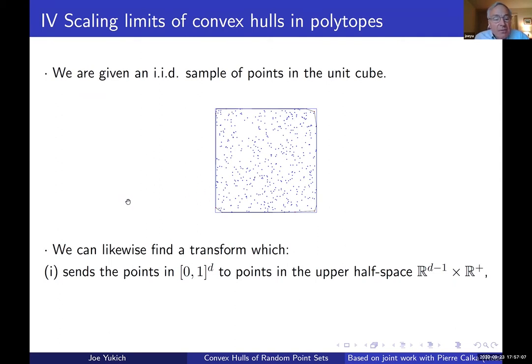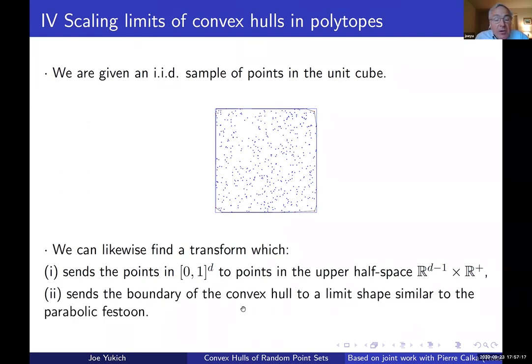And it turns out the answer is yes. We can find a transform which takes the points in the unit cube and sends them to points in the upper half space. It sends the boundary of this convex hull into a limit shape, a limit festoon that's similar but not exactly the same as the parabolic festoon.